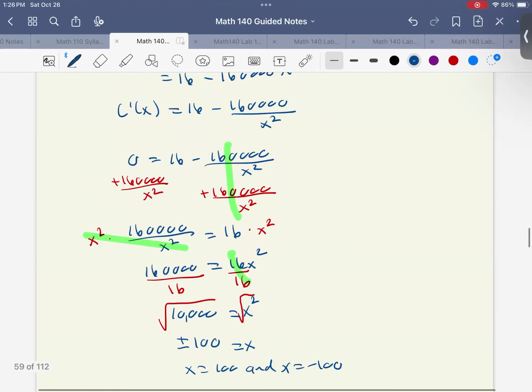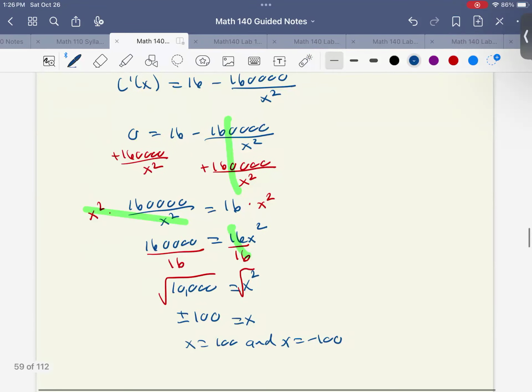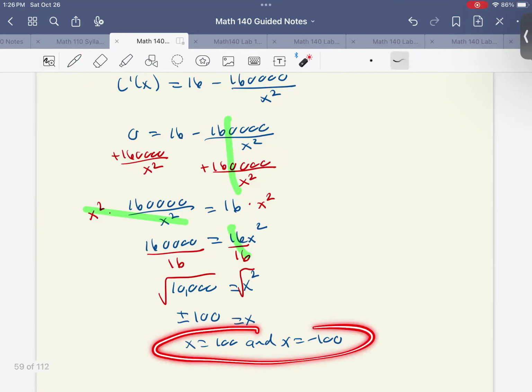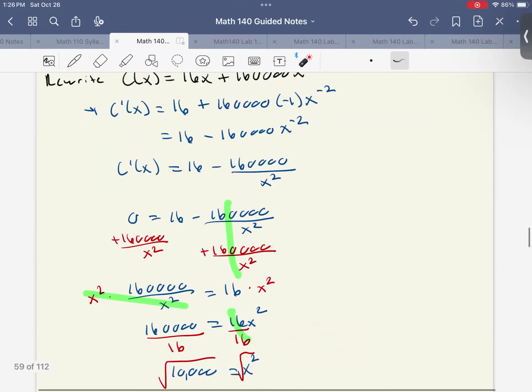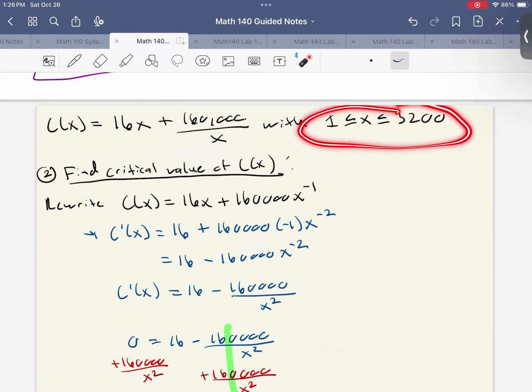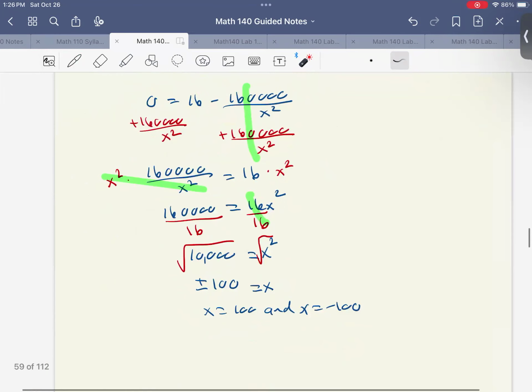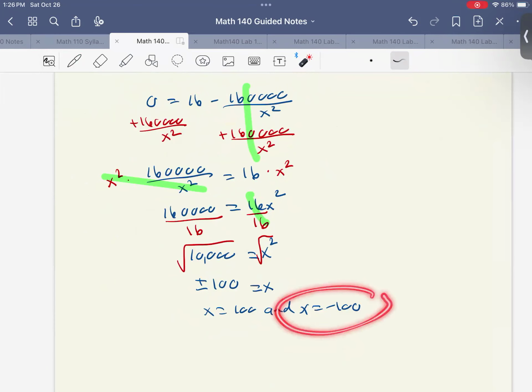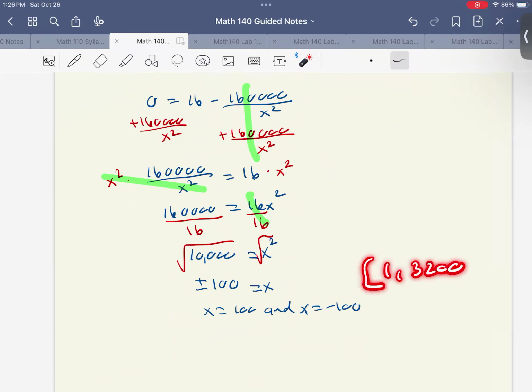Okay, so what does our lot size need to be in between though, right? We found some numbers for our lot size that will minimize cost, but what does our lot size need to be between? Our lot size needs to be between 1 and 3,200. And as we see here, this is a negative 100. That is not between 1 and 3,200, right?